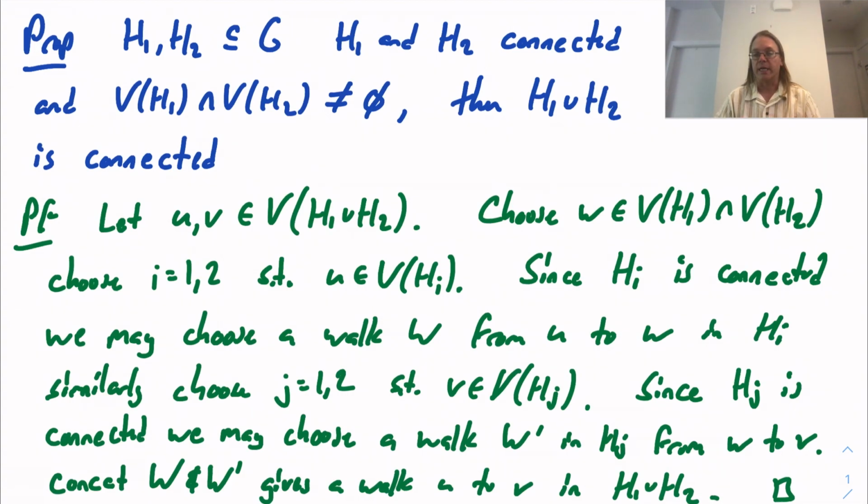Right? So again, to prove that some graph is connected, what we need to do is show that for any two vertices u and v, there's a walk from u to v that's within that graph. That's what we've done here.